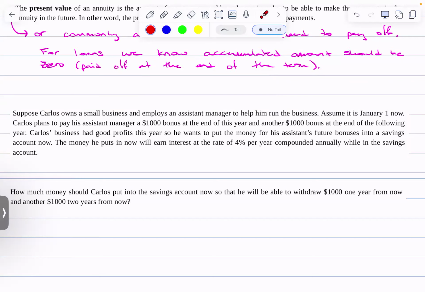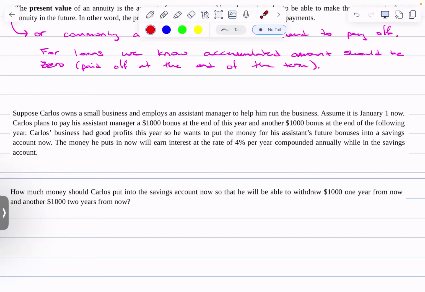So as an example, just to build this up, suppose Carlos owns a small business and employs an assistant manager to help him run the business. I think we all assume that that's what an assistant manager should do, but okay. Assume it's January 1st now. Carlos plans to pay his assistant manager a $1,000 bonus at the end of this year and another $1,000 bonus at the end of the following year.